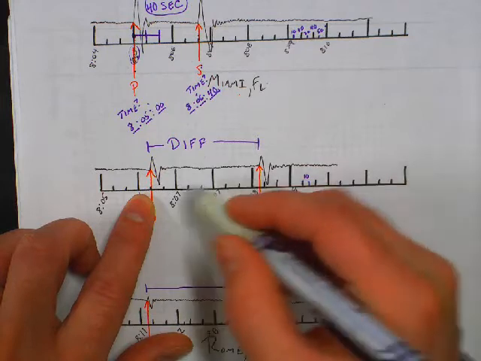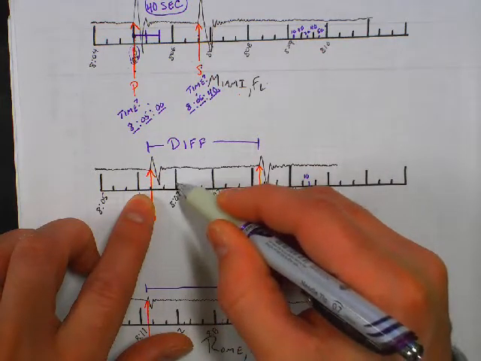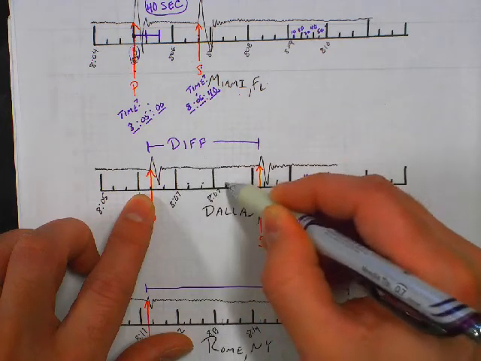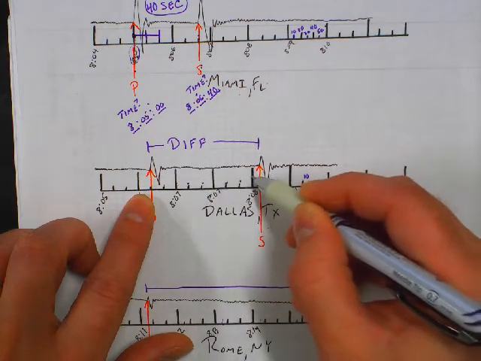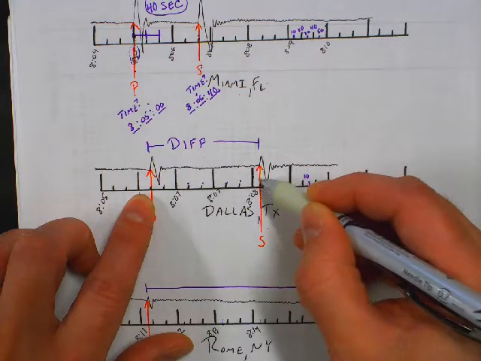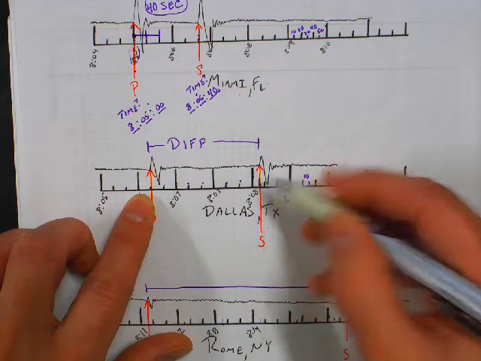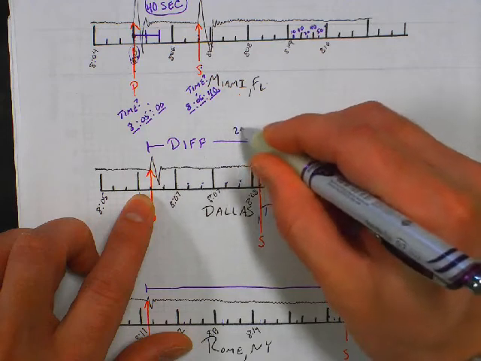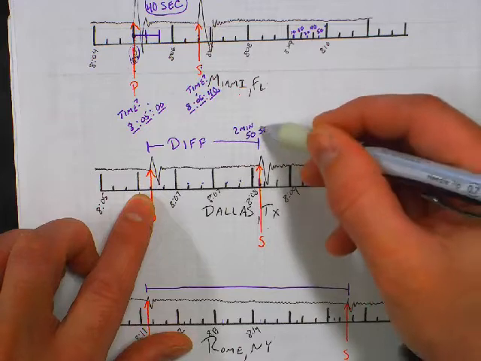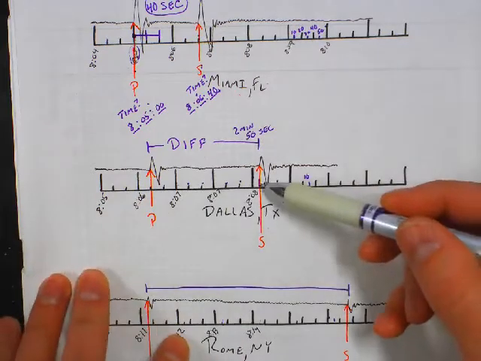This looks like 20, 40, a minute, 20, 40, 2 minutes, 20, 40. Looks like 250. Do you understand why that's 2 minutes and 50 seconds? Hopefully you already had that number from our previous assignment.